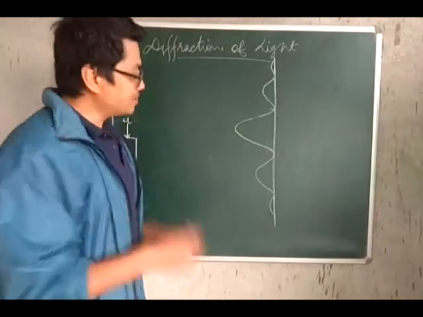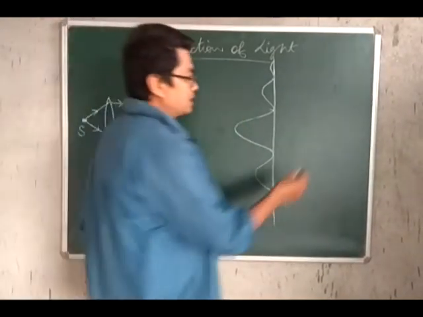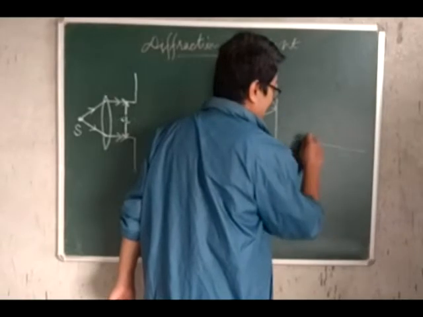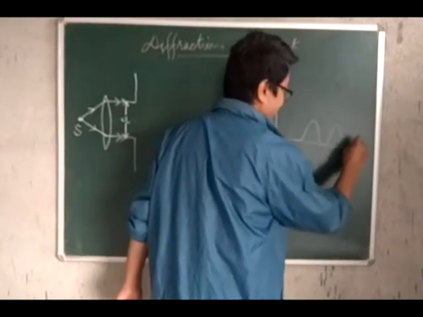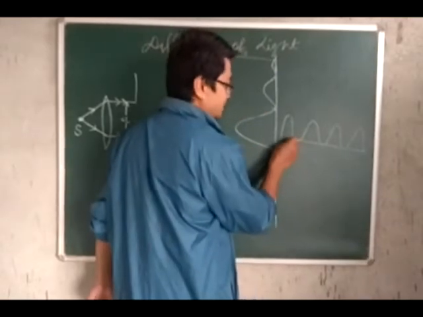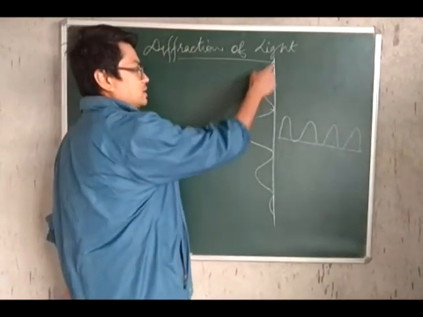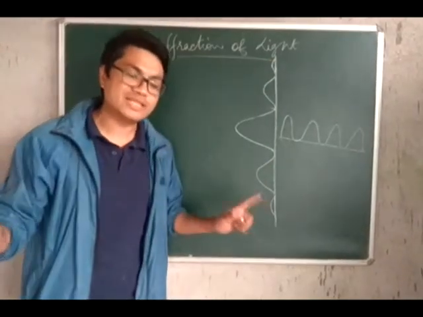And you see that unlike the case of interference, where all the bright fringes were equally lit, in case of diffraction the bright fringes, the maxima, are not equally bright.